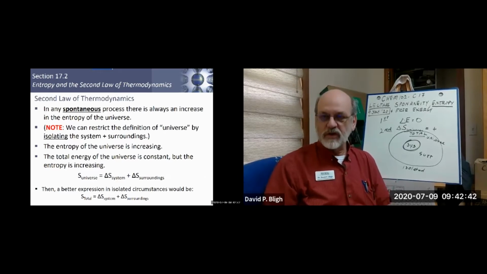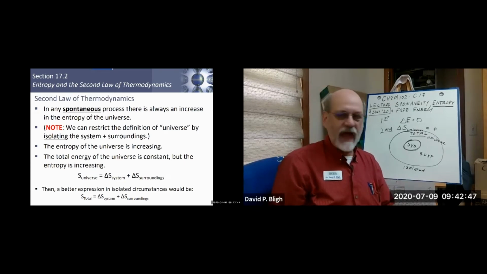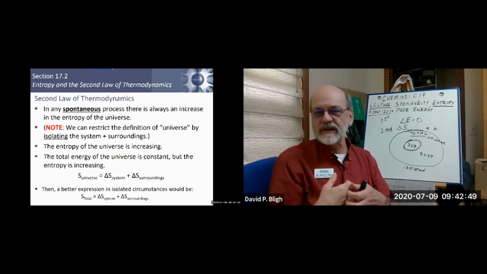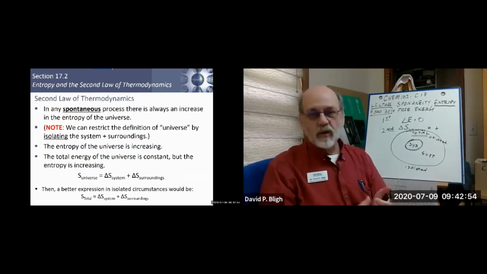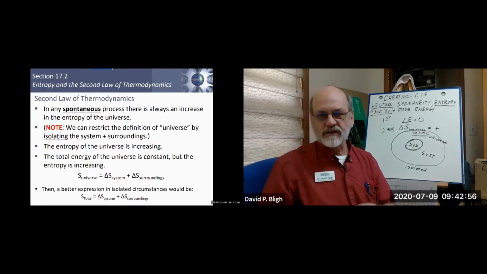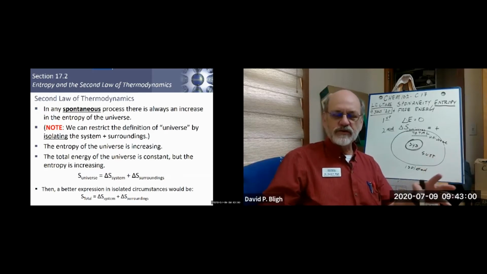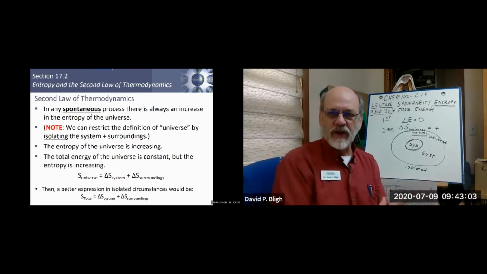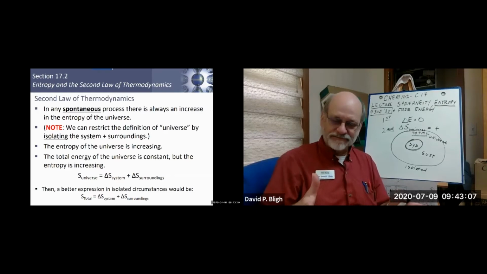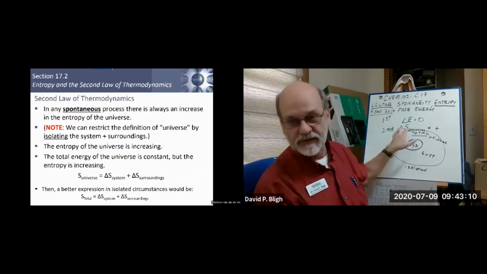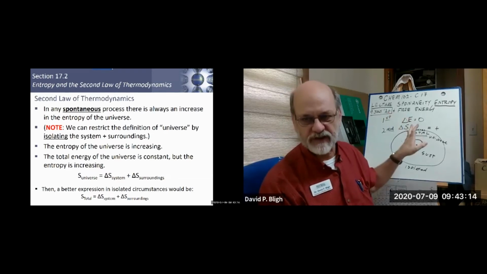The whole universe is heading toward absolute zero. There's some argument among physicists whether the universe is going to end in just a cold nothingness, or whether it gets to a certain point and then it rebounds on itself to a big crunch. But at this point, this law holds. The change in entropy for the universe is always positive.